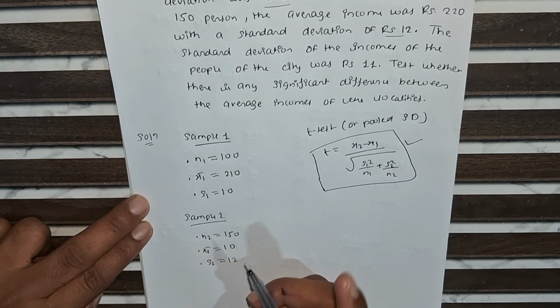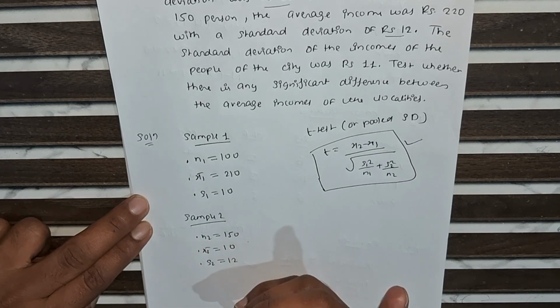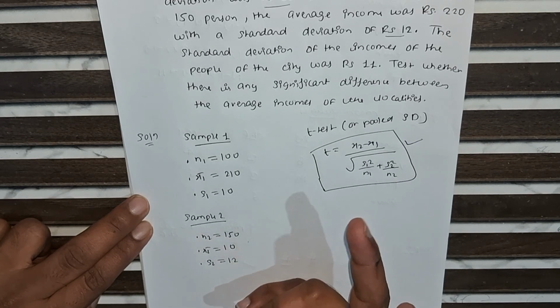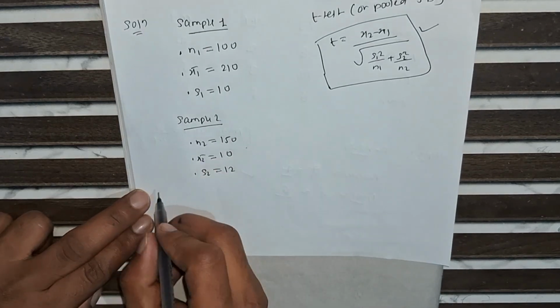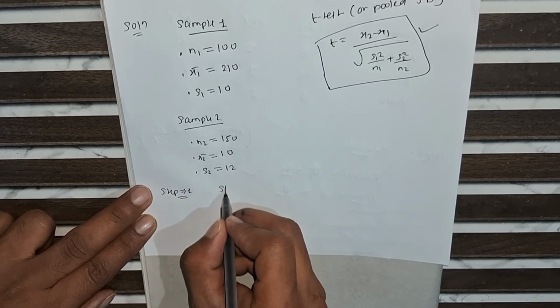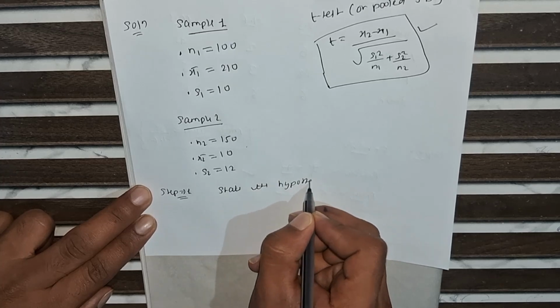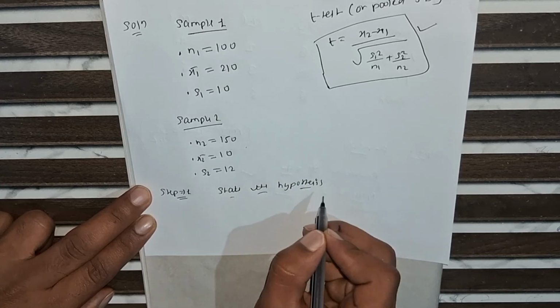What is our first step? State the hypothesis. We consider two hypotheses: the first one is the null hypothesis and the second one is the alternate hypothesis. This is nothing but the assumption.